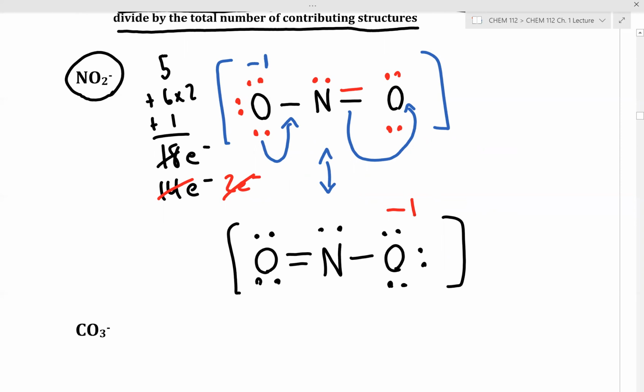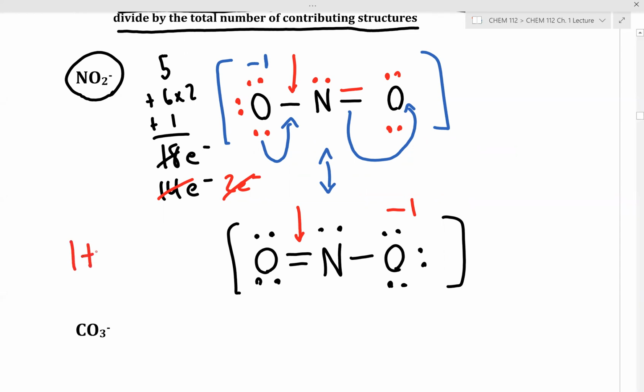Are these structures equally contributing? Is there any difference between these 2 structures? No. So let's take a look at this specific nitrogen-oxygen bond, and let's count our bond order in each of these structures. In structure 1, what's our bond order? 1, okay.